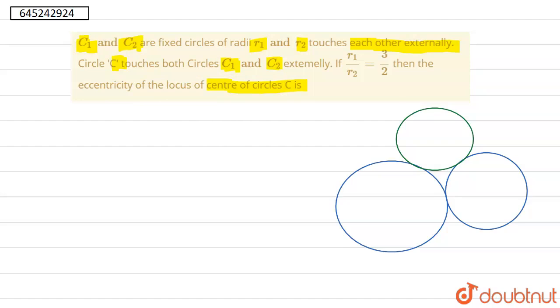So for this we make our figure. This is our first circle C1. Let it be C1, this is C2, and this is C. Now let the center of C1 be S1, and the center of C2 be S2. Now we draw a line from S1 to S2.